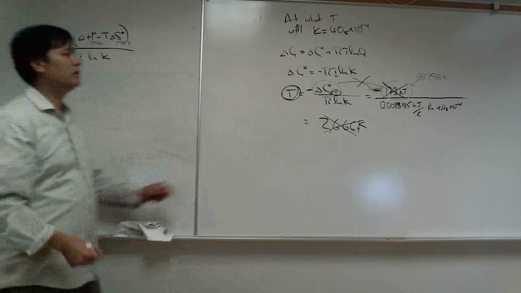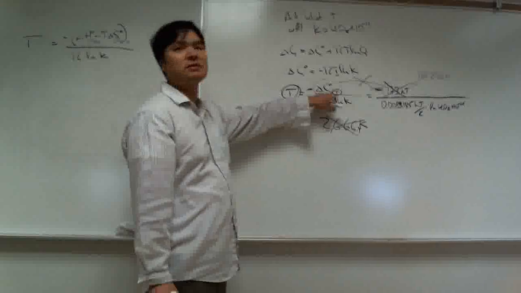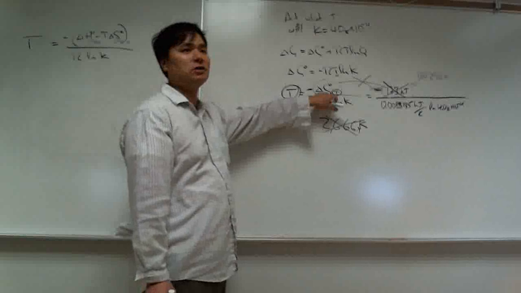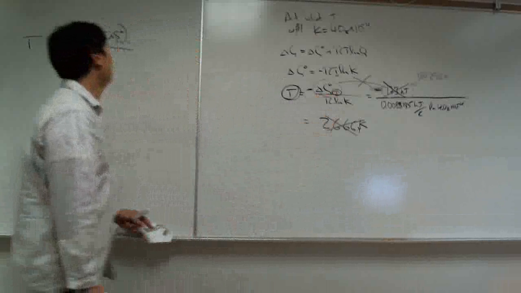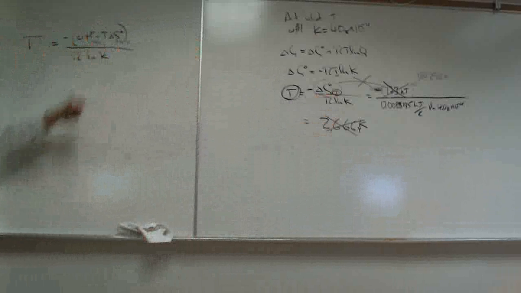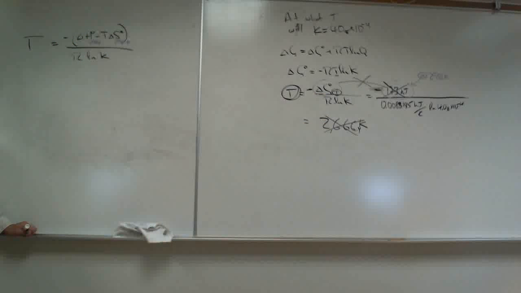Here, we couldn't say the value at 298 Kelvin is acceptable because delta G changes significantly with temperature, but delta H and delta S do not. And so this will allow us to solve this problem. Otherwise, we can't, because we need the delta H and the delta S at that specific temperature. So this could lead to a small error, but at least we can get somewhere with this.